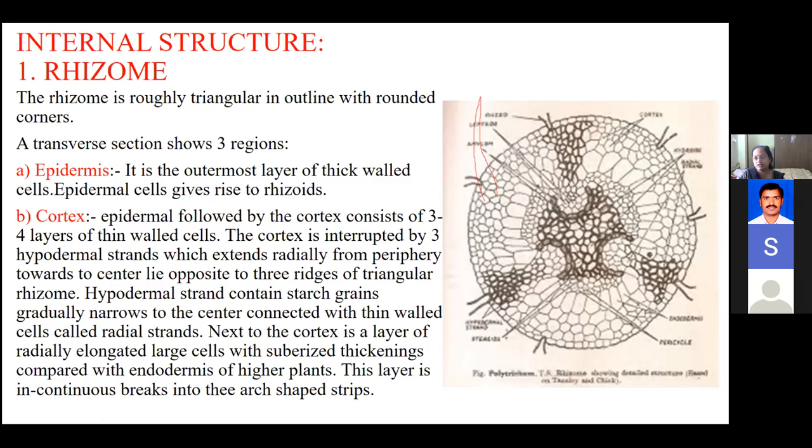It becomes very thick and transforms into hypodermis. So the main function of this is to provide mechanical strength. Now the cortex region also helps in storing food material.